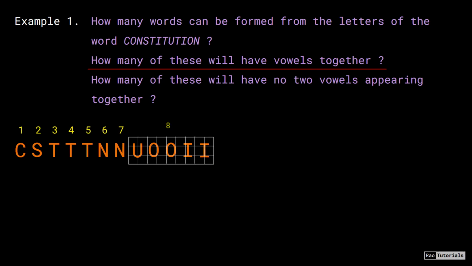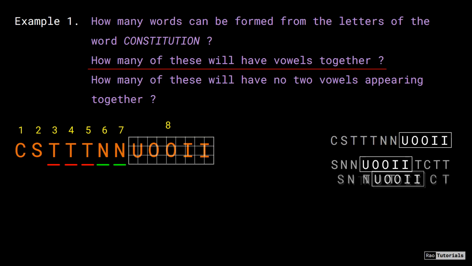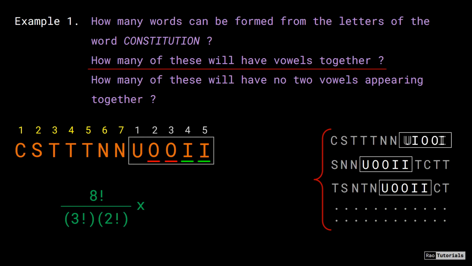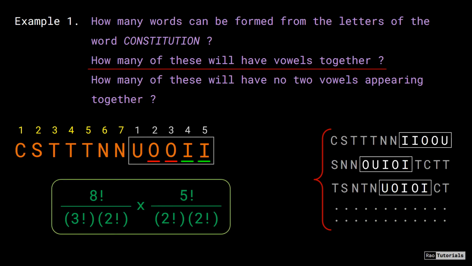Now 8 things, of which 3 T's are identical and 2 N's are identical, can be arranged in a total of 8 factorial by 3 factorial times 2 factorial ways. Further, the 5 vowels, of which 2 O's are identical and 2 I's are identical, can arrange among themselves in 5 factorial by 2 factorial times 2 factorial ways. So in this many number of arrangements, the vowels will be appearing together.